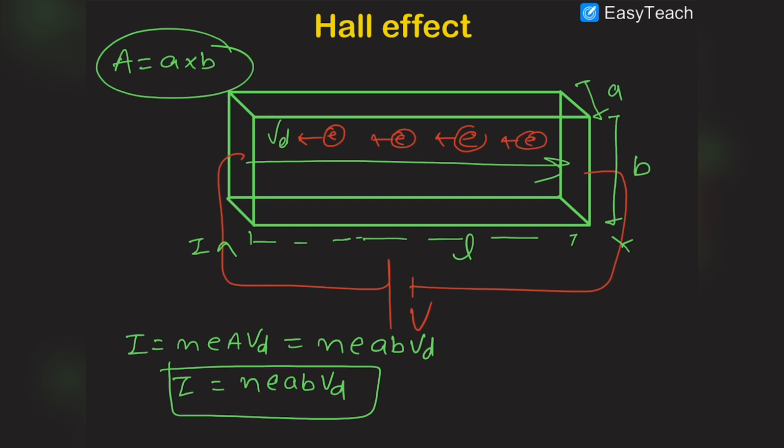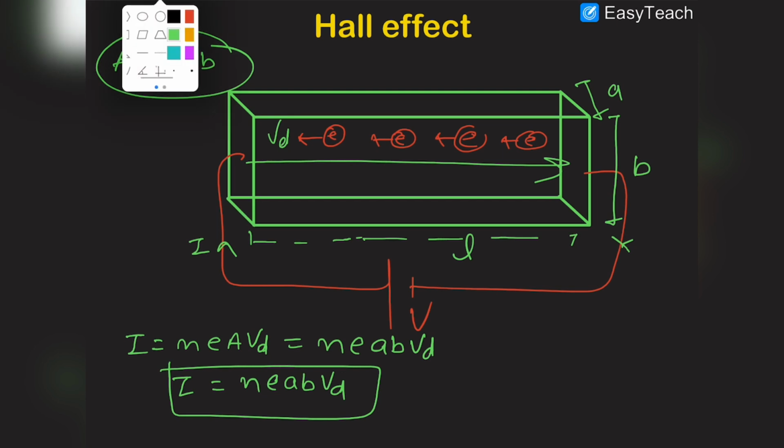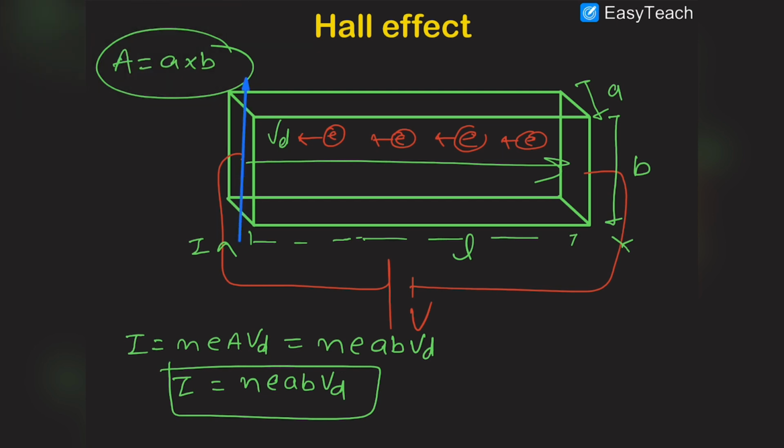Now we know that these electrons will be moving in the backward direction, and we apply a magnetic field on this arrangement in the upward direction. Let us suppose that we have applied a magnetic field in the transverse direction. Transverse means in the perpendicular direction of the current flow. So current is flowing like that, and we have applied a magnetic field like that.